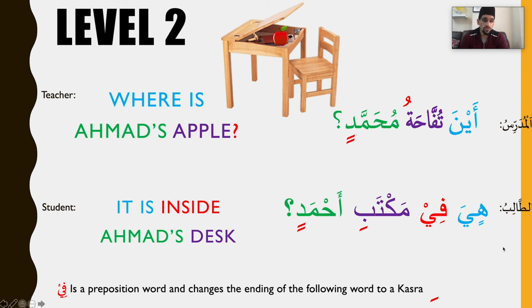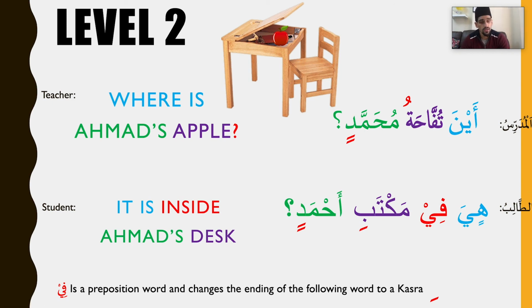So here, if we were just to say this on its own, hiya fi maktabi Ahmad, we wouldn't know what we're talking about. But because we're following the conversation of where is the apple. Just as we say in English, if someone asks you where is the apple, you'd say it is in the desk. So here, it's the same thing in Arabic. Aina tufahatu Muhammad, hiya fi maktabi Ahmad.